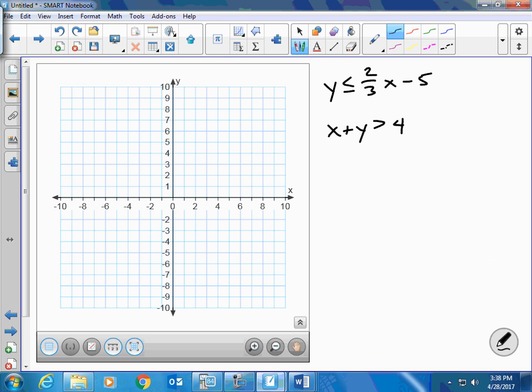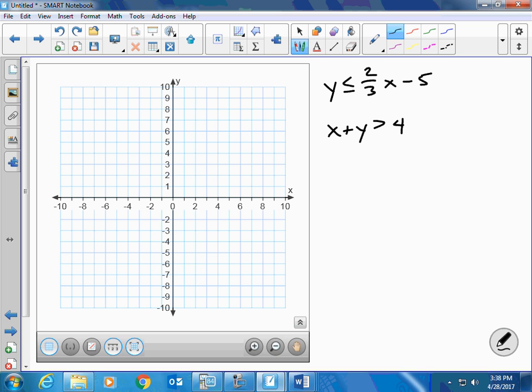Time for this recording is to talk through systems of linear inequalities, and how we solve them. Unlike systems of linear equations, our solution will be multiple points. There'll be a lot of different x and y value coordinates that will solve these inequalities.